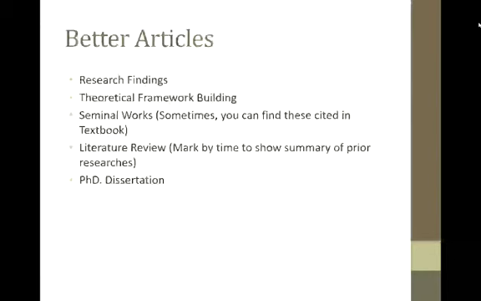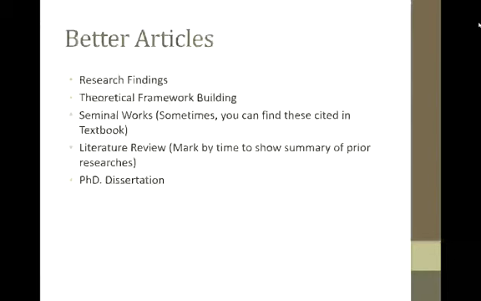He won the Nobel Prize and he talked about artificial intelligence. That may be a good one. Or coming from some other people who have done a very good literature review, cited by many people, will be a good idea. Finally, if you find something published by a reputable university in their PhD dissertation library, those will be good sources for articles.